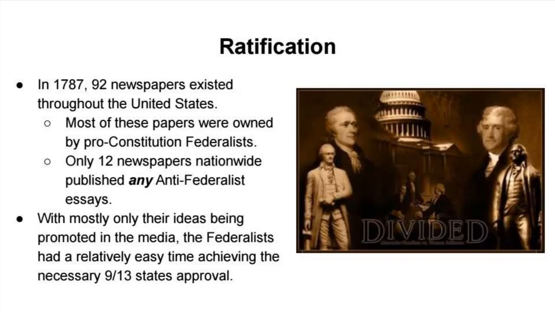So 92 newspapers existed throughout the United States, and most of these papers were owned by pro-Constitution Federalists, and only 12 newspapers nationwide published any kind of anti-Federalist essays. So it's much easier for the Federalist papers to get out to the people, and there was a relatively easy time achieving the 9 out of 13 states' approval of the Constitution.